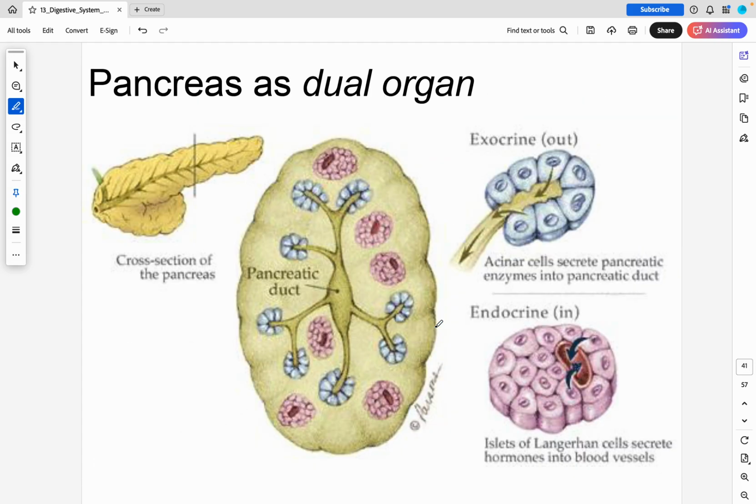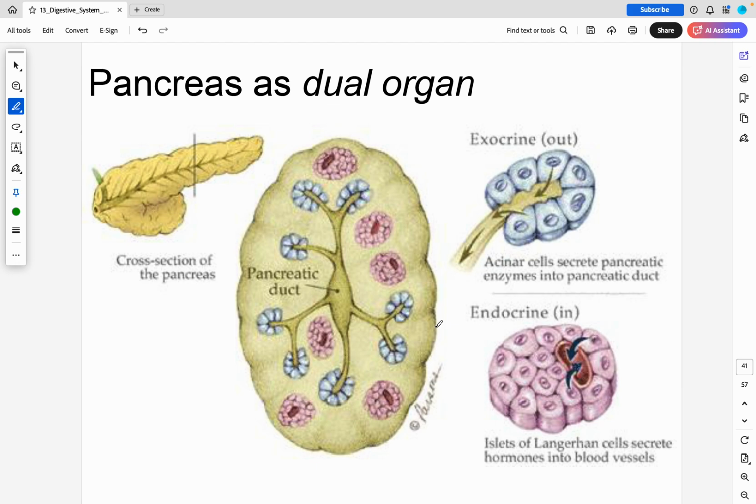We mentioned this already. The pancreas is a dual organ, right? Aside from secreting pancreatic juice that aids in the digestion happening in the small intestine, the pancreas also has other structures that secrete material important for other bodily processes. One of these structures is the islets of Langerhans, which secrete hormones into blood vessels.